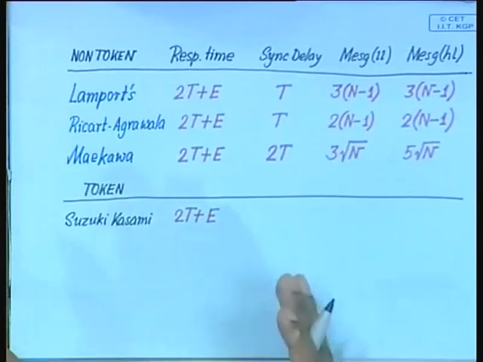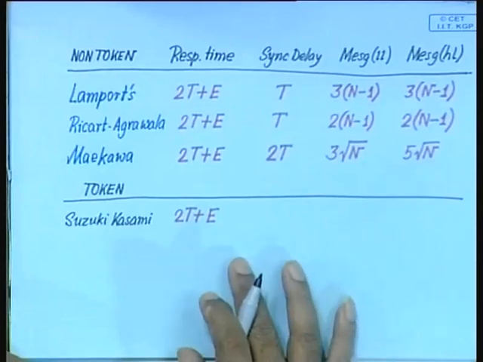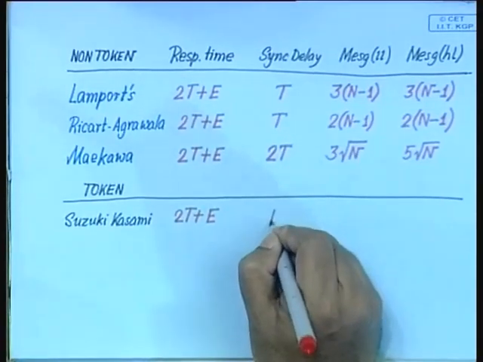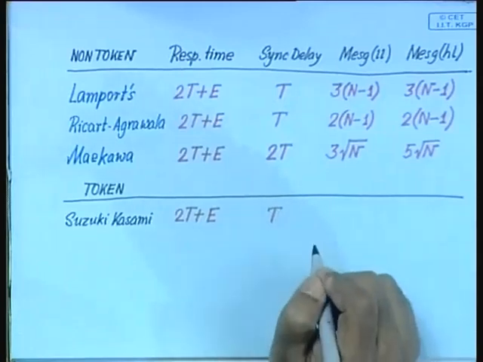You send the request and get the token and then start executing the critical section. Synchronization delay T.